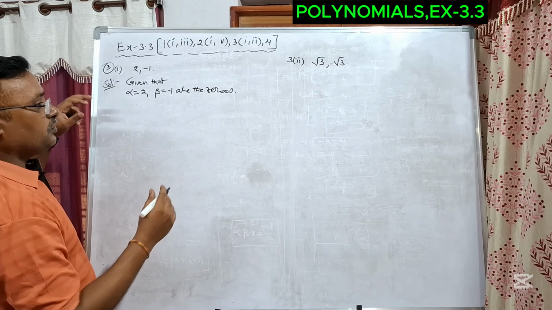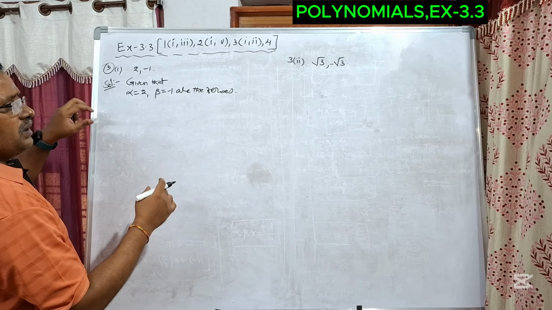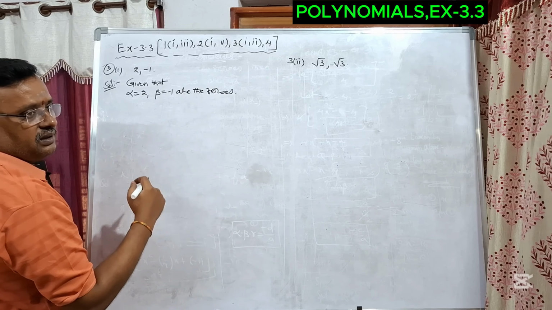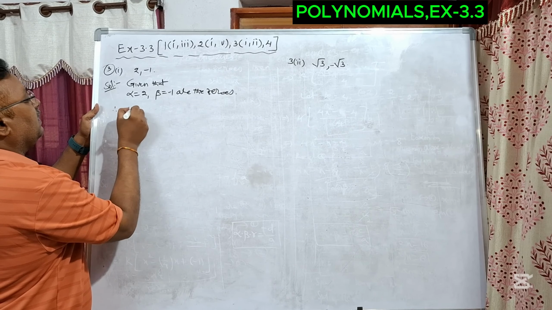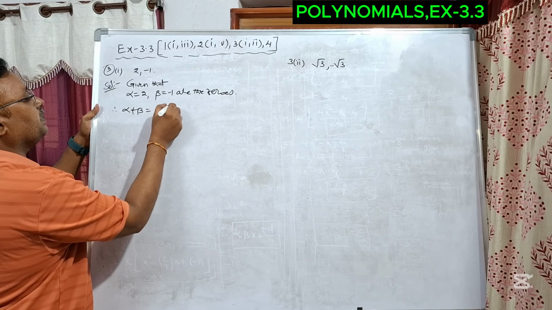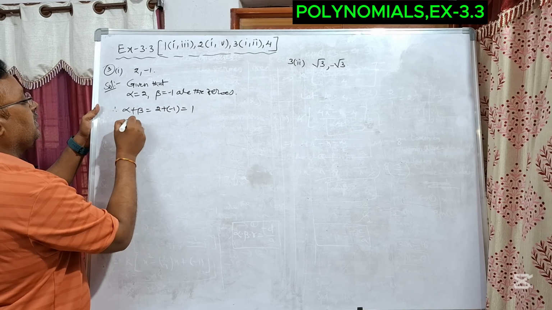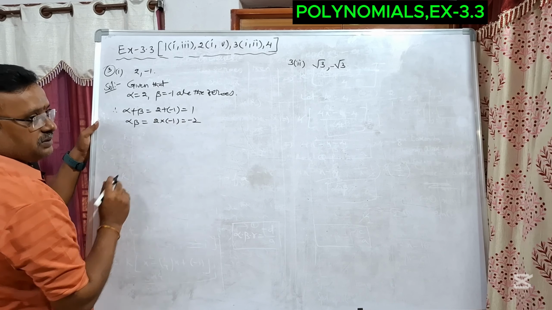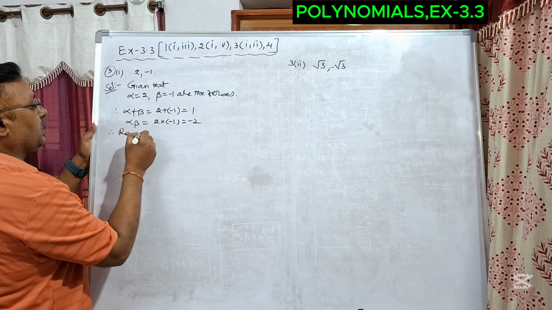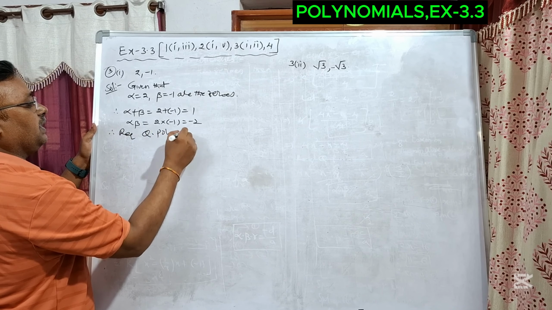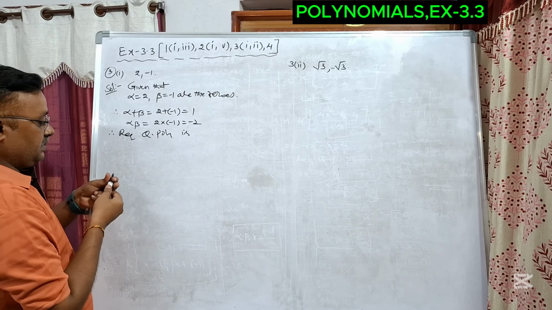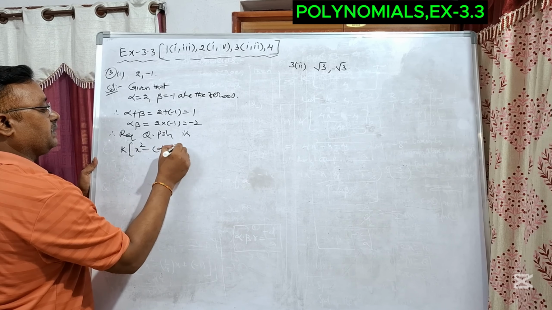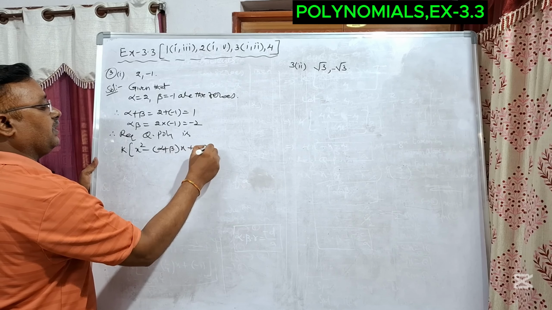How to find it? To find the quadratic polynomial, calculate the sum and product, because then the problem will become a little simpler. So alpha plus beta is equal to 2 plus minus 1, that equals 1. Alpha into beta is equal to 2 into minus 1, that is equal to minus 2. Therefore, the required quadratic polynomial is k into x square minus (alpha plus beta) into x plus alpha beta.